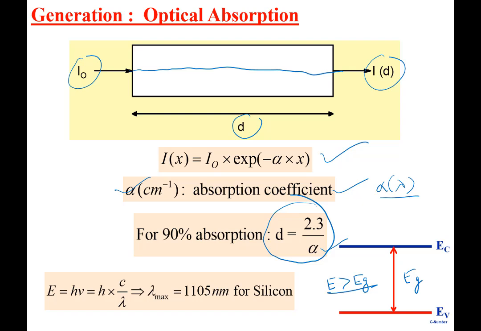For silicon you can easily calculate it by putting in the band gap of 1.12 eV, which gives a cutoff wavelength of 1.1 micron. So silicon is not going to absorb anything beyond about 1100 nanometer.